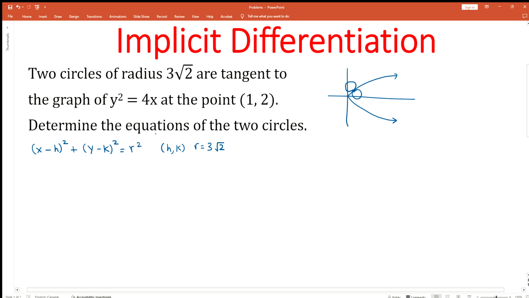We can sub in this value of r in the general equation. The square of 3 square root 2 is equal to 18 because 3 squared is equal to 9, the square of square root 2 is 2, and 9 times 2 is equal to 18.